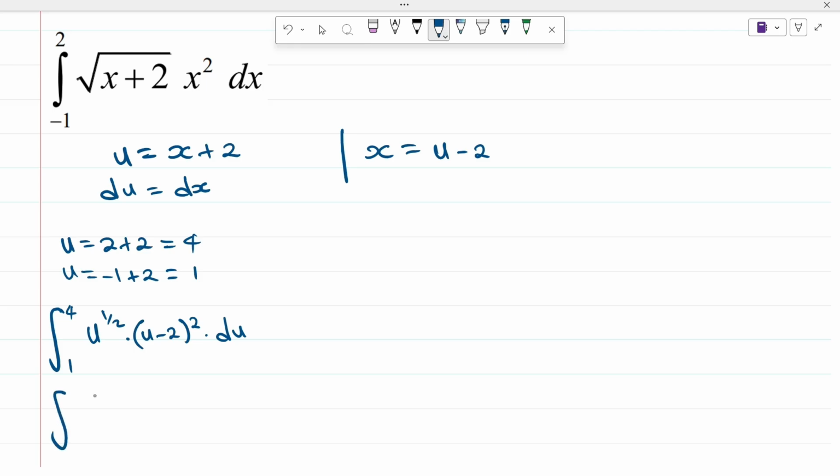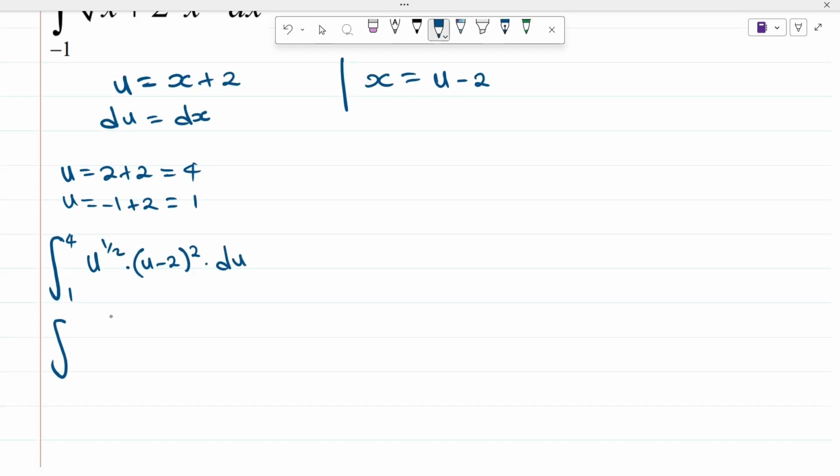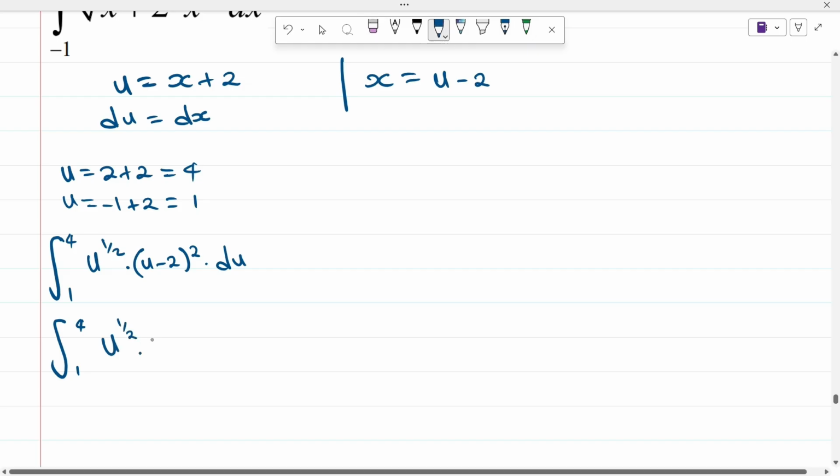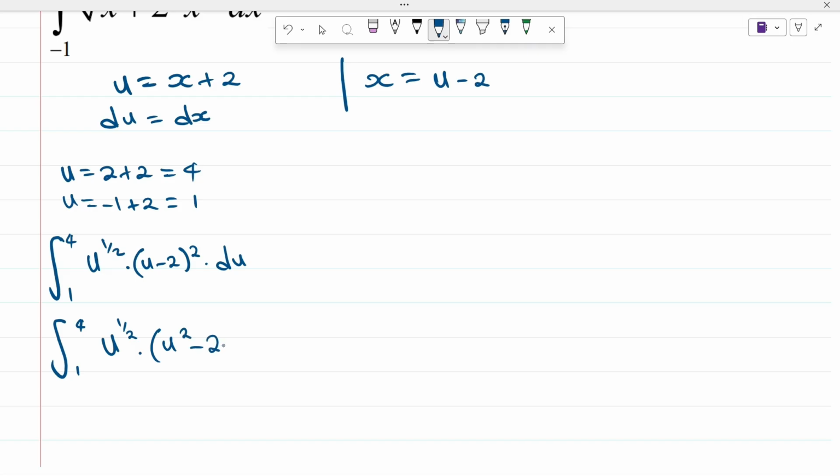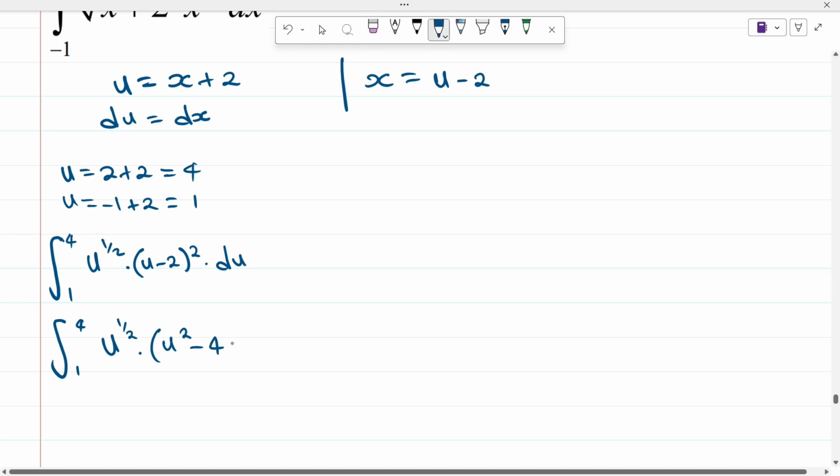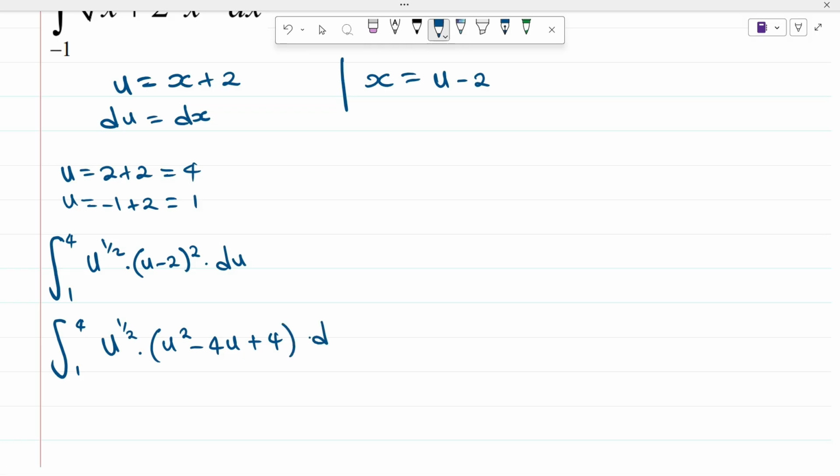Then from here, I need to multiply out by first expanding the other one. So this is going to be u to the power of half multiplied by u squared minus 2 into 2u, that's 4u plus 4 du.